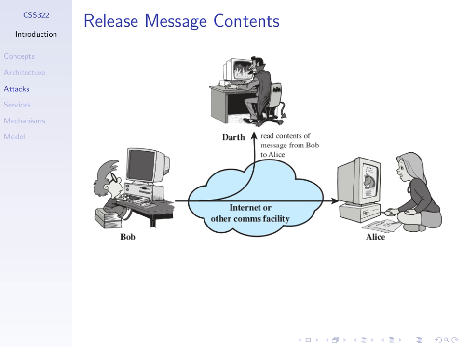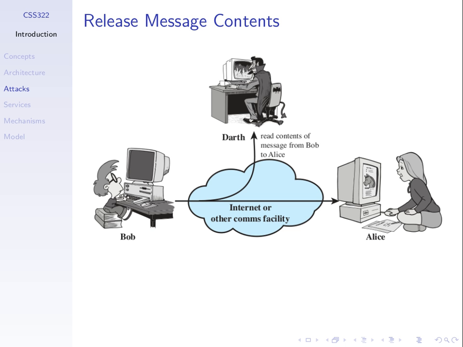Using examples here. And the example here, we're using a communication system. We have 2 users, Alice and Bob. They're the normal users in our system. They want to communicate across some communications facility, the internet, for example. And we have our malicious user, or our attacker, Darth in this case.